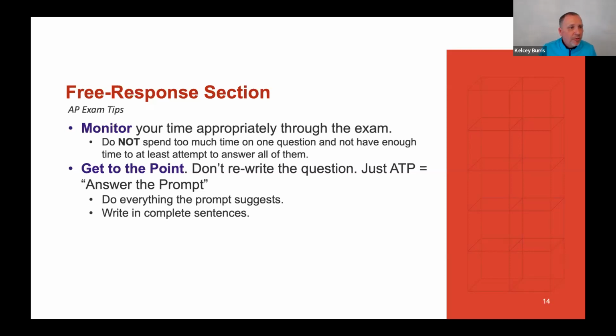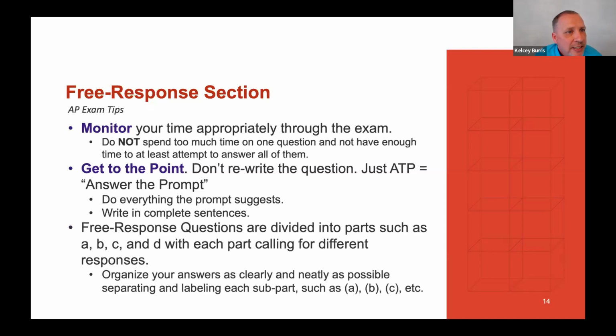Also, on the free response questions, this is to help the grader. Remember, the reader is trying to award you points, and you want to make it easier for them, all right? So when you are writing these, you've got to think about these FRQs as being in separate sections. You have section A, section B, they're separate questions, right? It's not just one gigantic essay. So if you notice, we talk about free response questions.